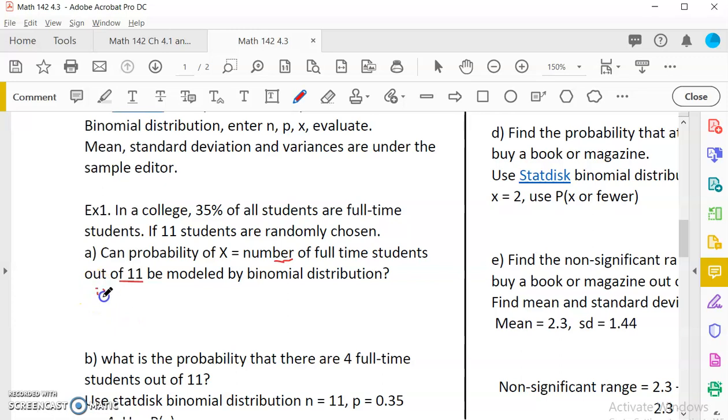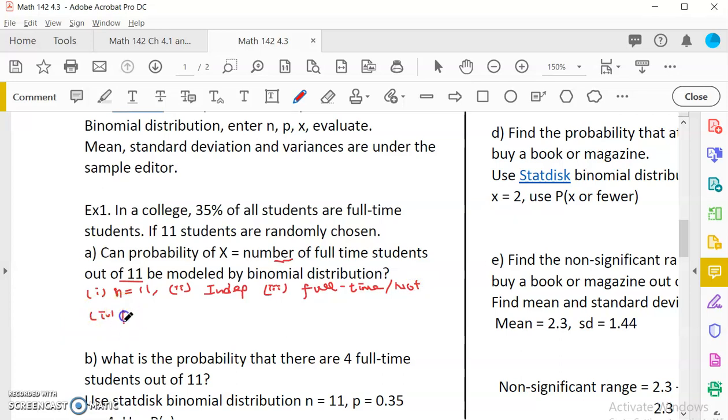So let's check the 4 things. Is it a fixed number of trials? Yes, I'm counting 11. Independent? Yes, independent, because it is a big population and I'm only selecting 11. Two outcomes? Yes, full-time and not full-time, and full-time is the success.